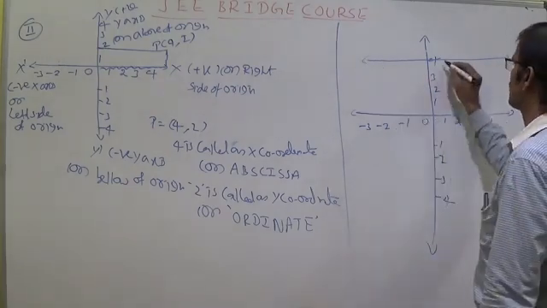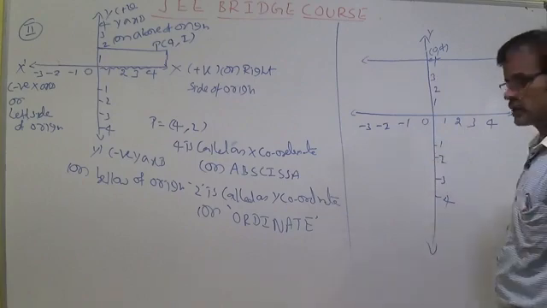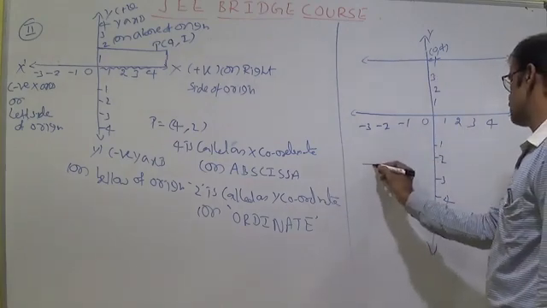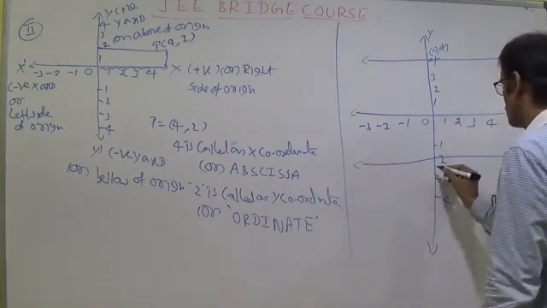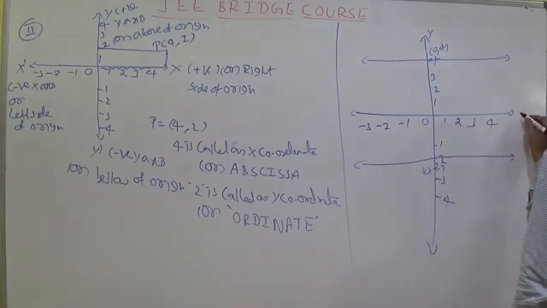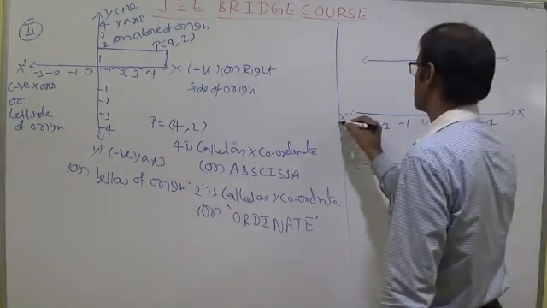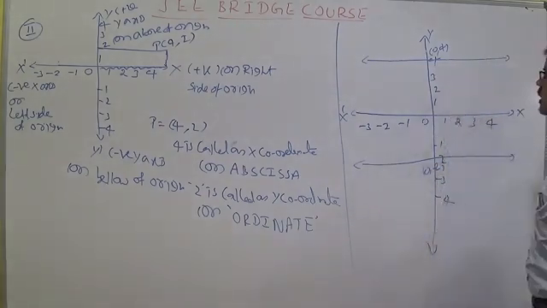You can put here 0, 4 because it is on the y-axis. Now in the similar way, draw a line like this. You can indicate here 0, -2. This is the x-axis, this is X dash. This is the parallel line of the x-axis.